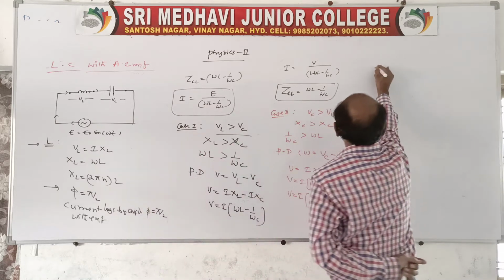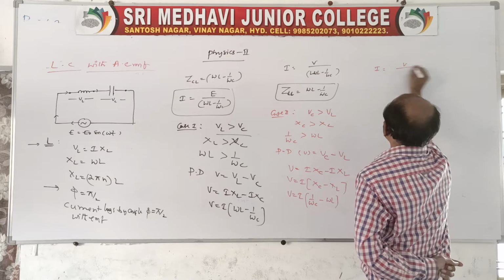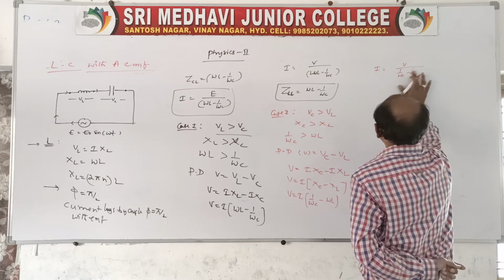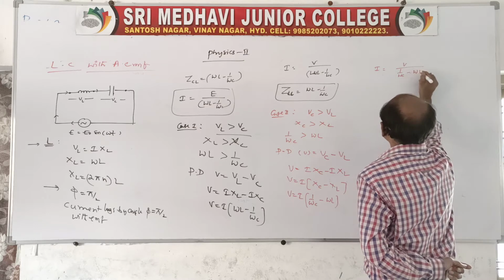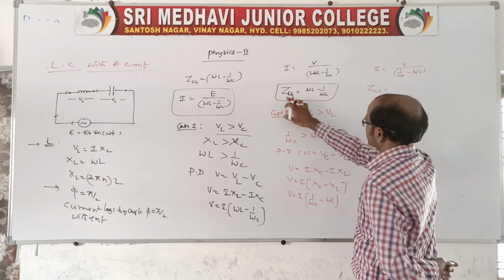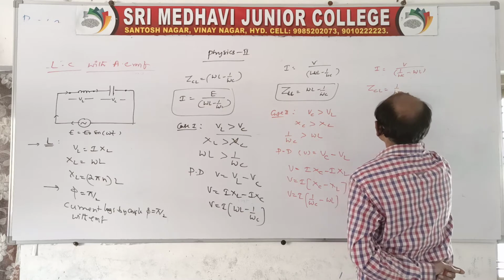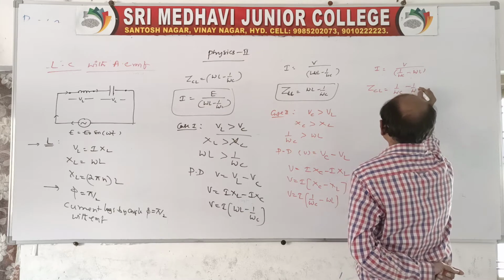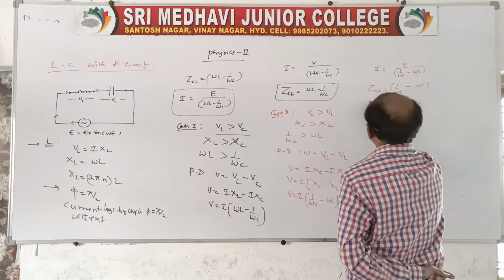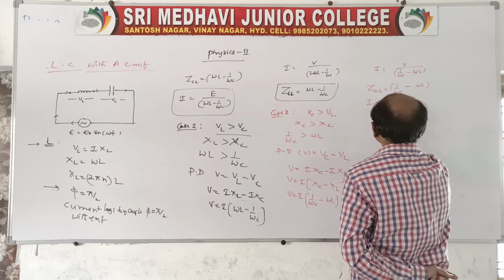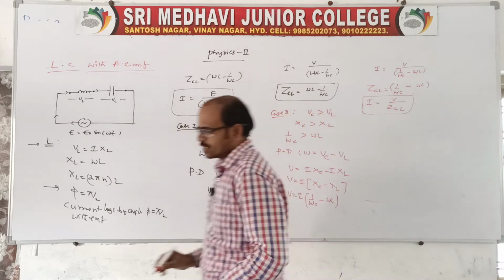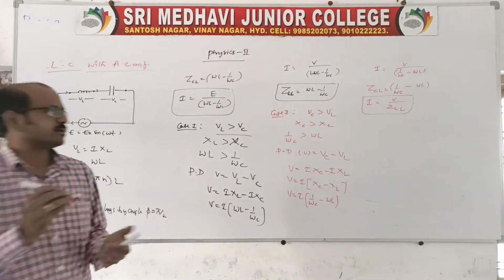Therefore current I is equal to V by (1 by ω C minus ω L). So ZCL is equal to this, and I is equal to V by ZCL. This is case 2.